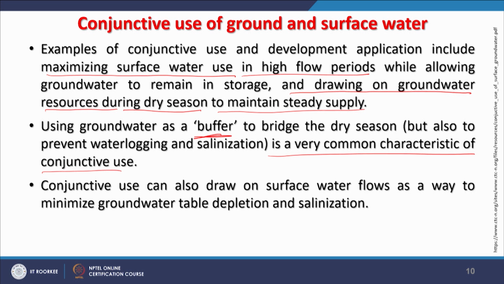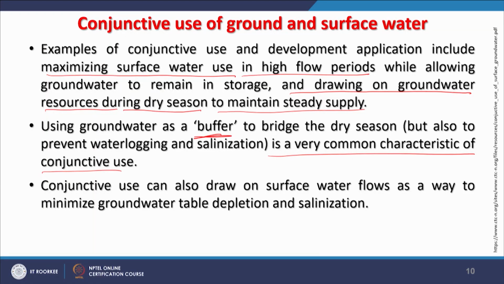So, for different conditions, different uses of water: surface water initially, then groundwater, and then again monsoon comes, so surface water, then groundwater. So, conjunctive use can also draw on the surface water flows as a way of minimizing groundwater table depletion and salinization. So, that is what you are aiming for.